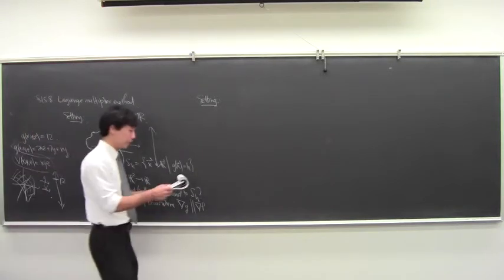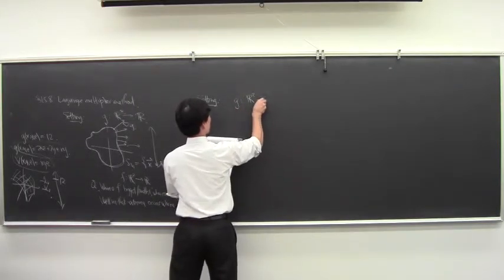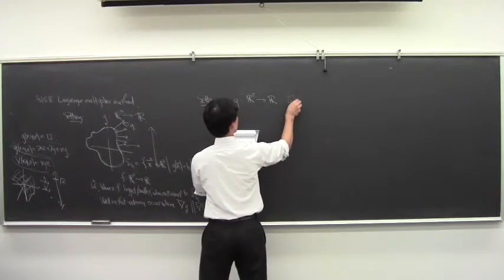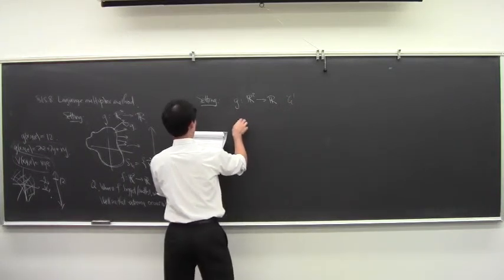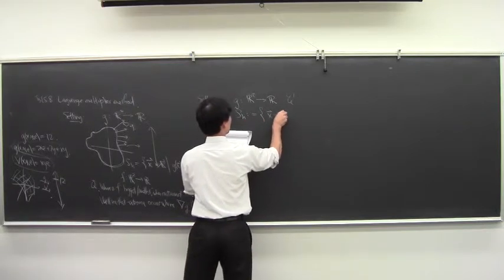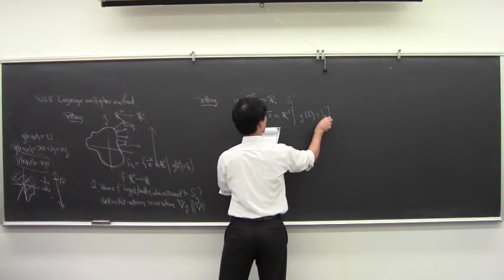So let me write it again. You have g, a function from R2 to R. It's a continuously differentiable function, and S of h is the level set at height h of g.